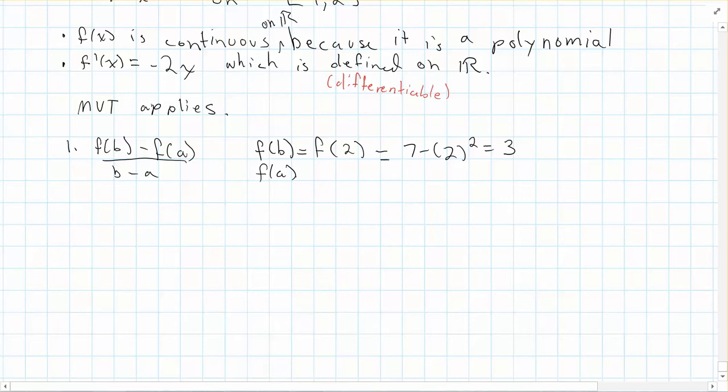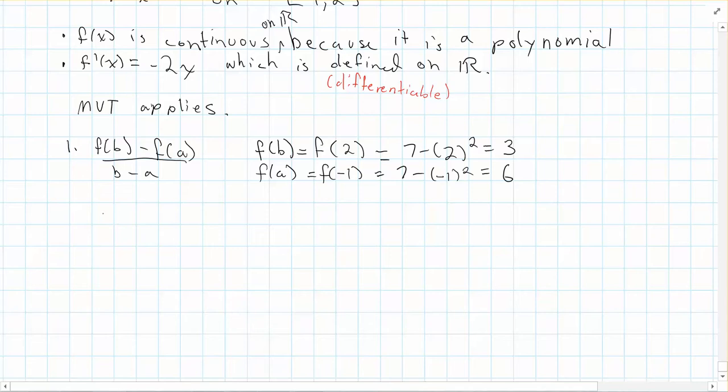f at a is equal to f at -1, which is 7 minus -1 squared, which would be 6.